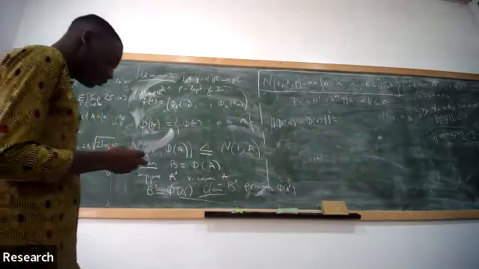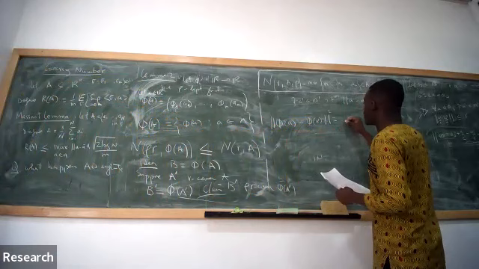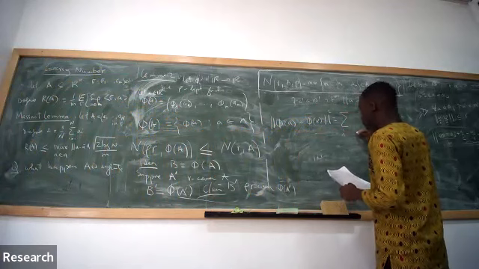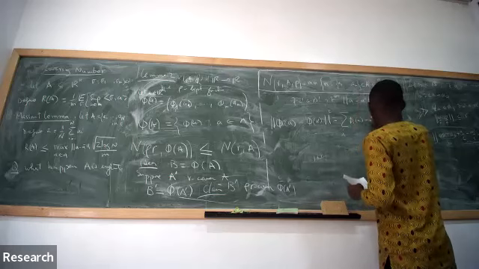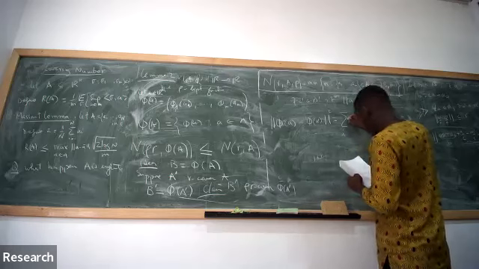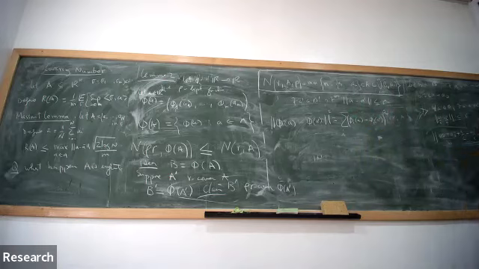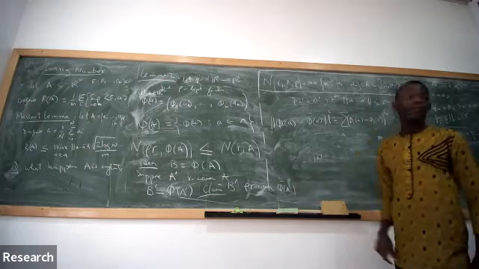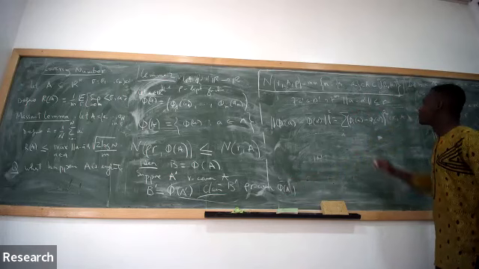Okay, so this is equal to, by definition of the norm, just the summation over i of phi of A i minus phi of A prime i, squared.